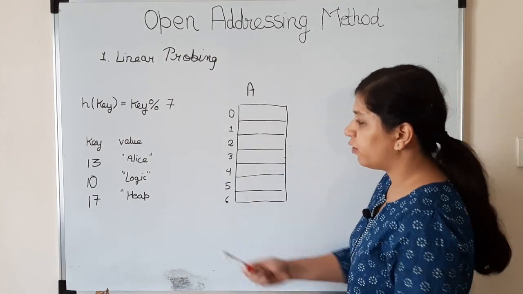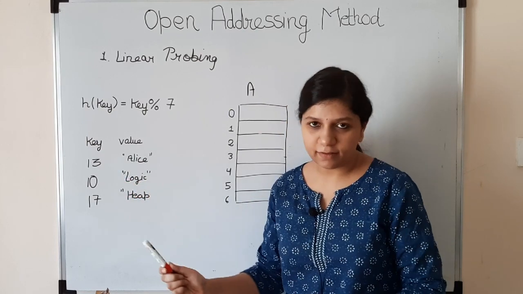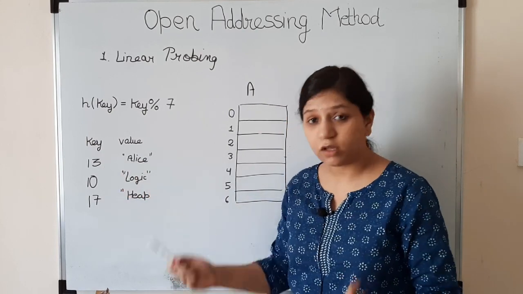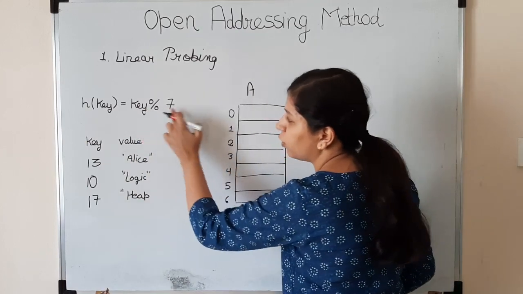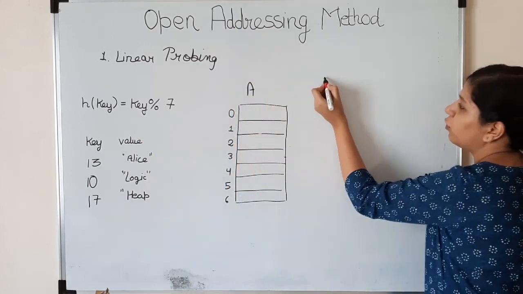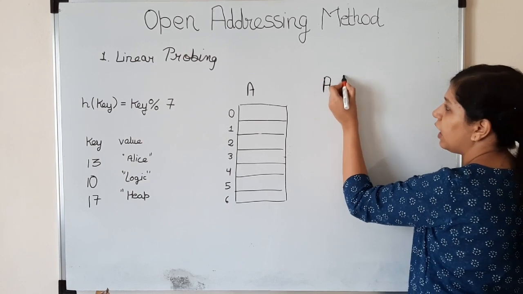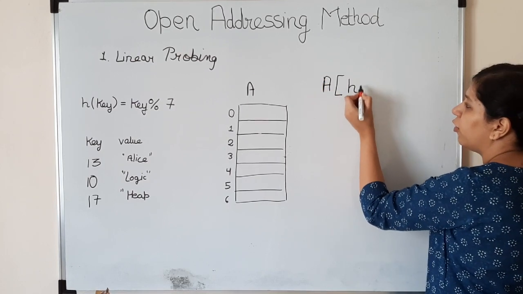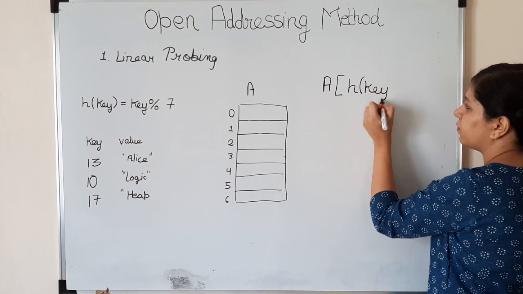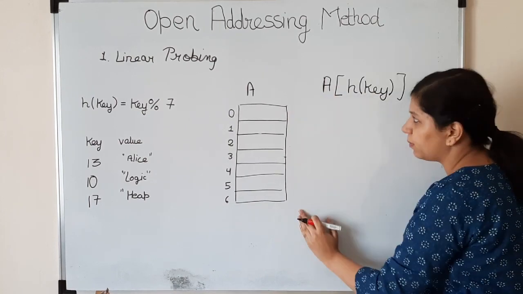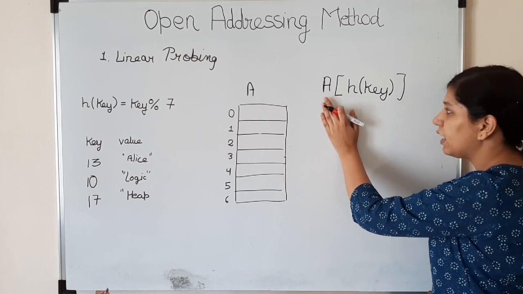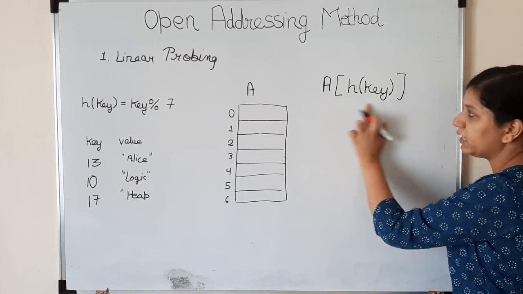Firstly, when the data 13 ls comes, where will you put it? 13 modulo 7. The first thing that you always do is A of H of key. So in this hash table, which I am naming as A, we look at index H of key.